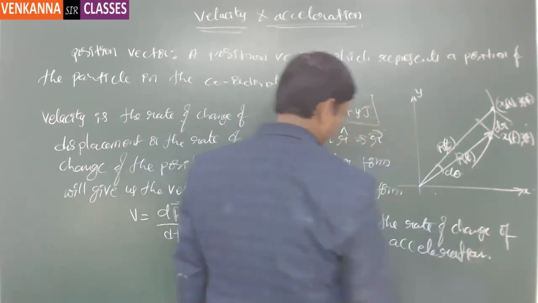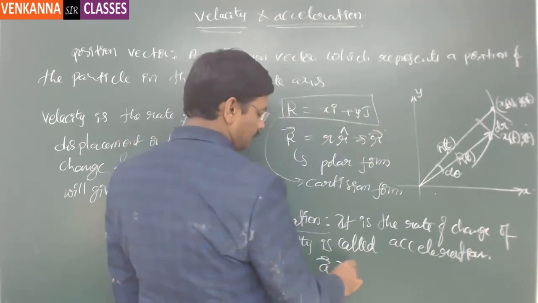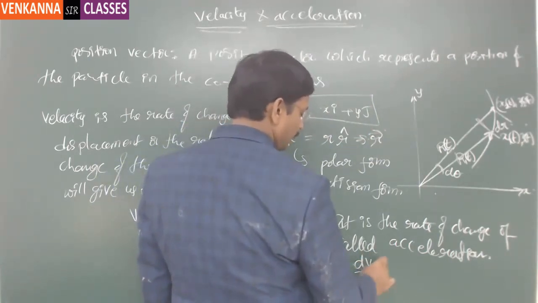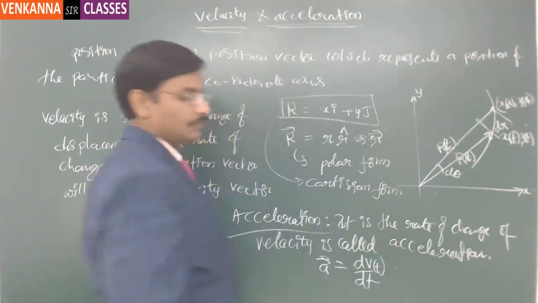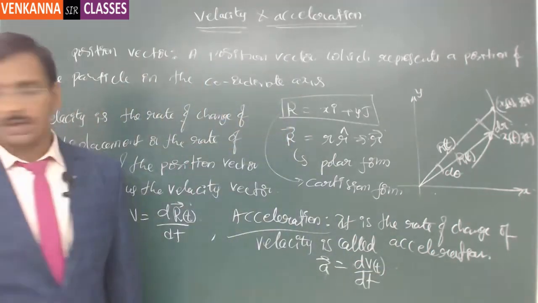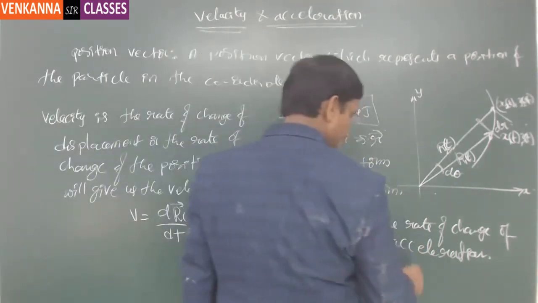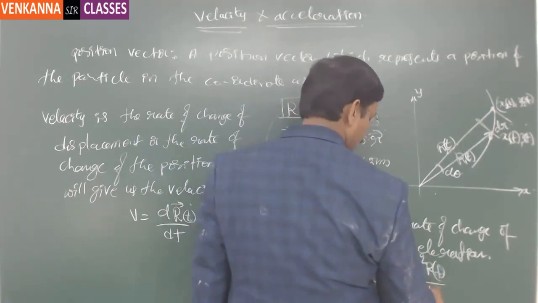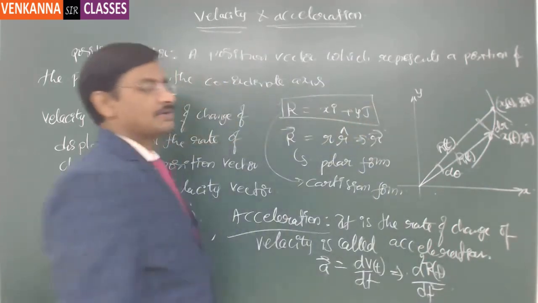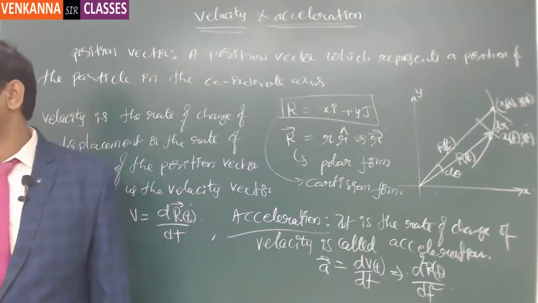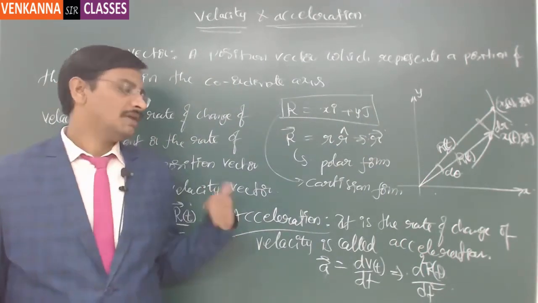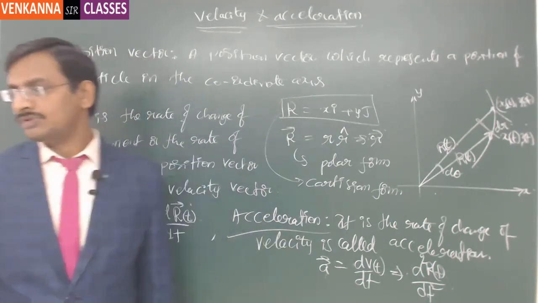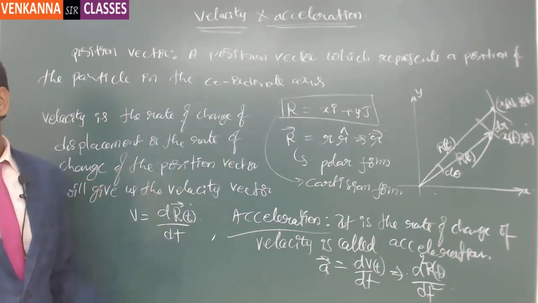So this is A, a vector, which is represented as dv by dt, where v is a function of time again. Got it? Or in other words, v you can express as dr by dt, and d square r of t divided by dt square again represents the acceleration itself. Got it? So here displacement is a vector and velocity is a vector and acceleration is also a vector. Clear? So note down this.